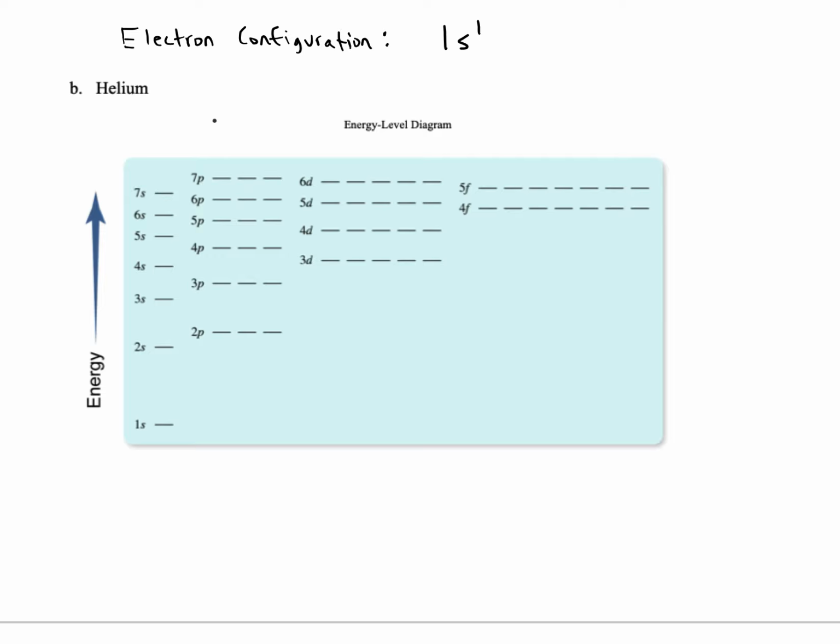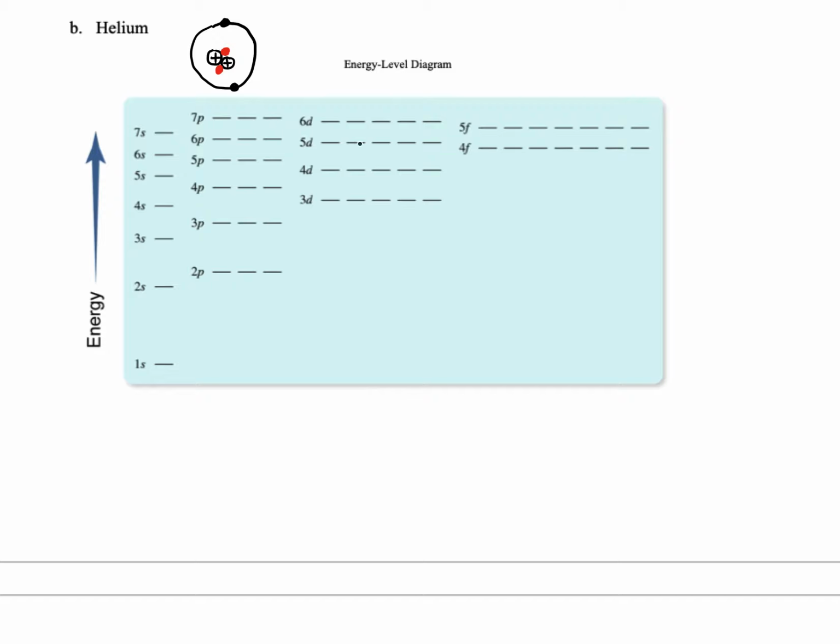When we go on to helium, we know that helium has 2 protons and 2 electrons. Maybe some neutrons as well. Both of these electrons are going to be found in the 1s orbital. However, there are 2 of them. So when we write the electron configuration for helium, we want to write 1s2.